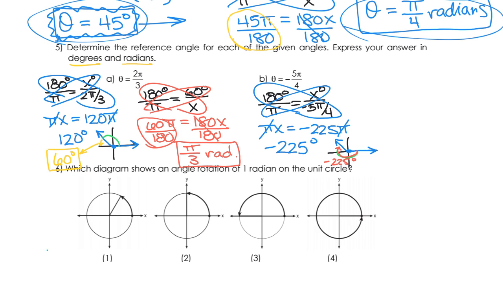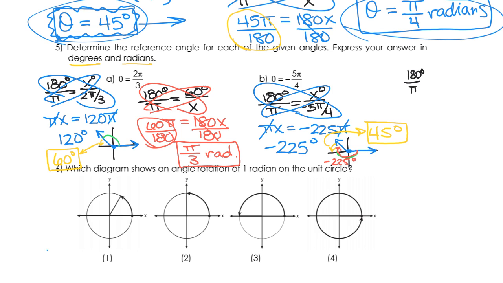The quickest way back to the x-axis would be to go backwards to the 180 line. All right, and so negative 180 to negative 225 is 45 degrees. Okay. And that's our reference angle, except they also want it in radians, and so we'll convert back.